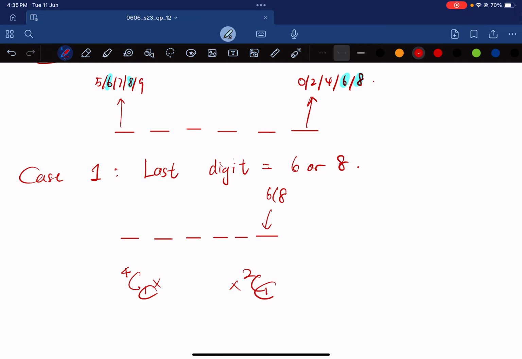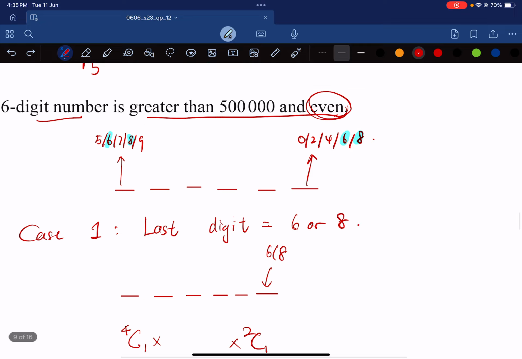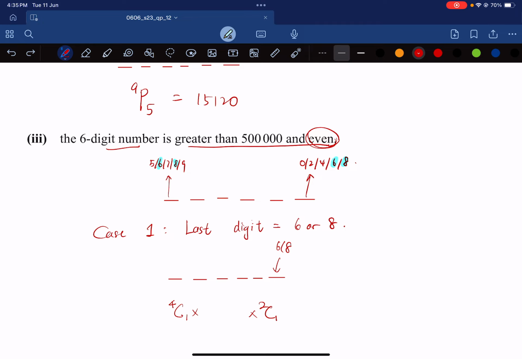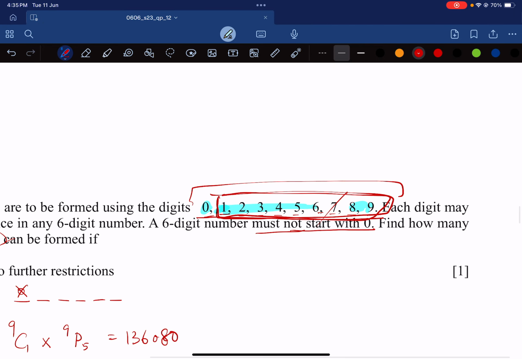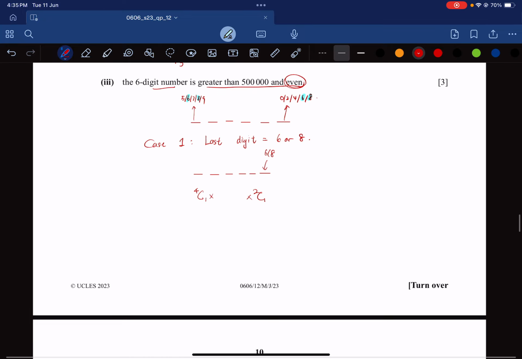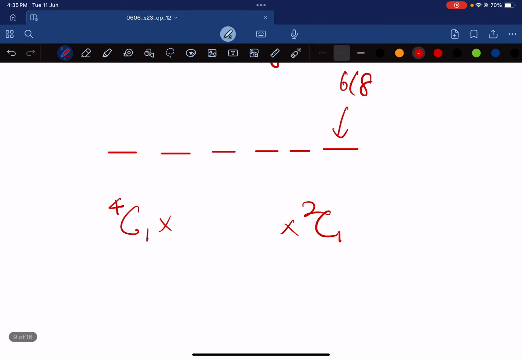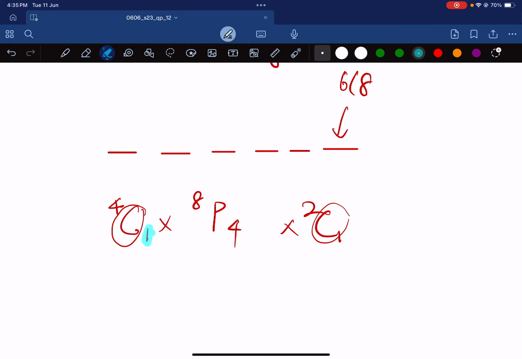We have chosen 2, right? So the remaining 4 middle numbers are chosen from 10 minus 2, since we have chosen 2. So we have 8 available for the remaining middle 4. It must be P, because order matters. Here you can write C or P, it doesn't matter when it is 1. There's no such thing as order when there is only 1 item.